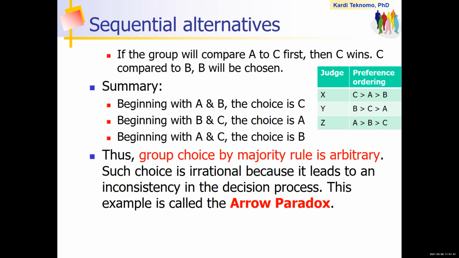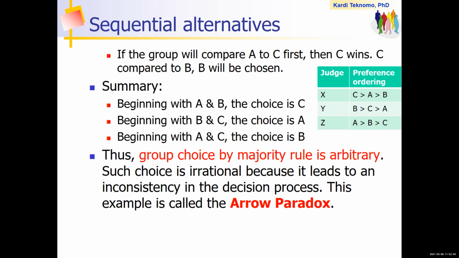Okay, so this is actually irrational behavior in group decision. This is what is called the Arrow paradox. So group decision can lead to inconsistency in decision process.